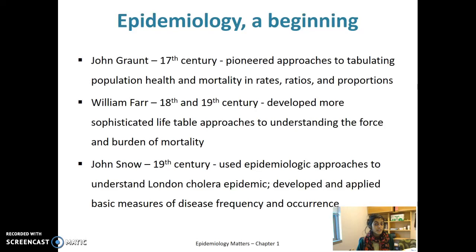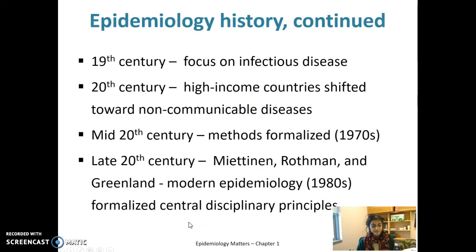And we'll watch a video about that in your Module 1 media, just how he used mapping and some really interesting techniques to locate the source of this cholera outbreak, or the originating source of the contaminated water.